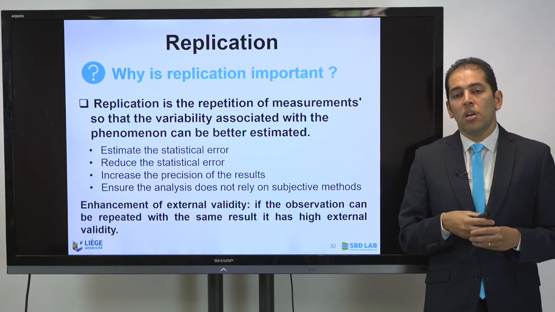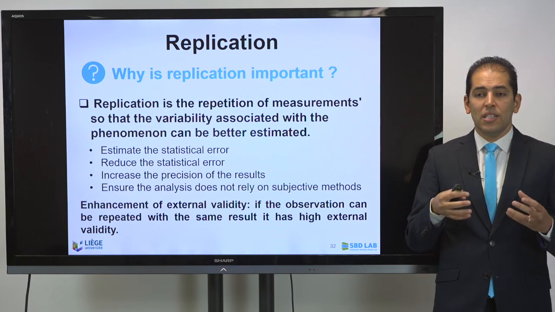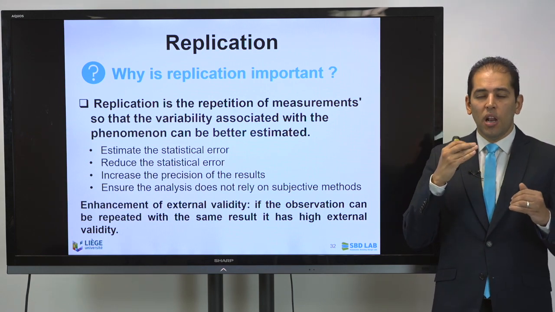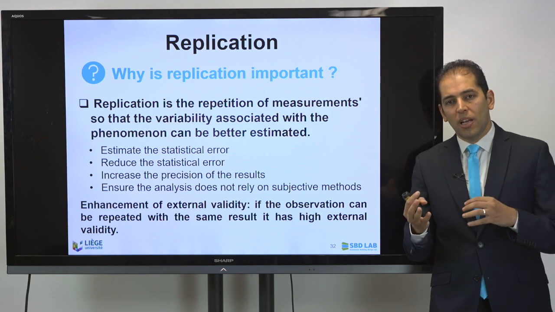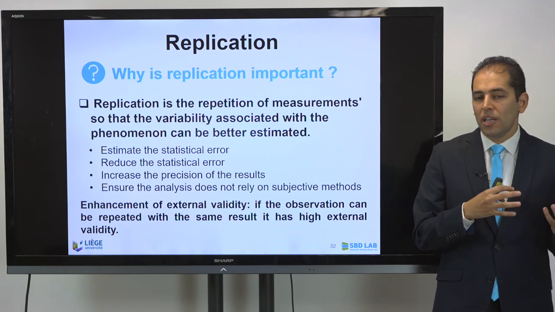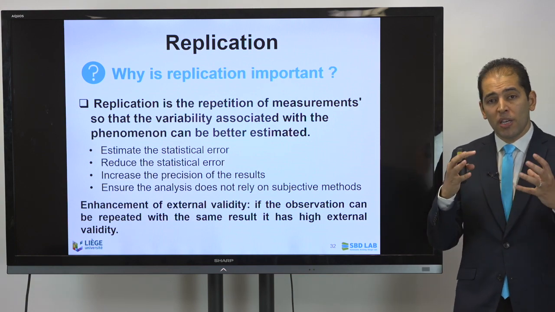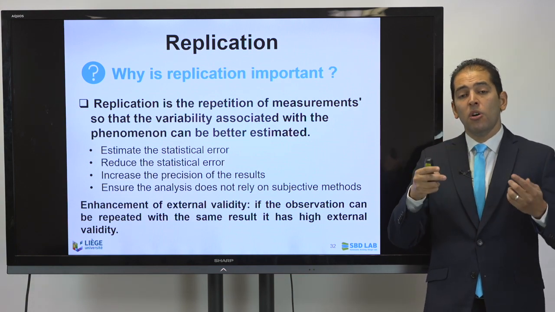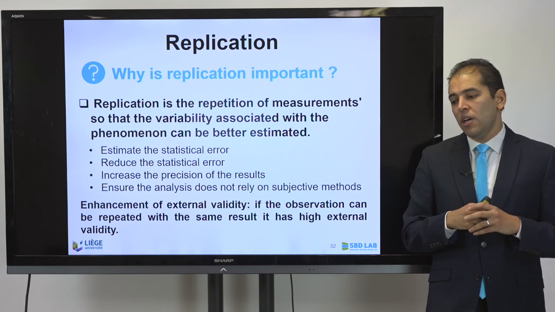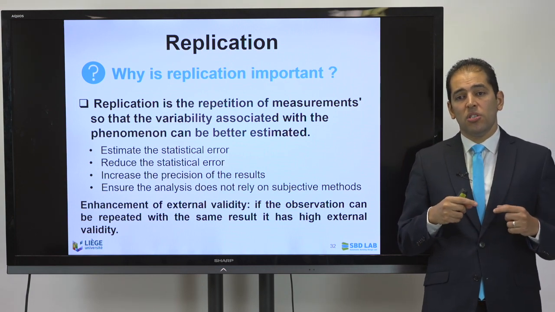And for sure, replication is important because it is this replication that will allow us to estimate the statistical error. I cannot calculate a statistical error without repeating my experiment or my data collection process several times, repeating the sampling process, repeating my observations.